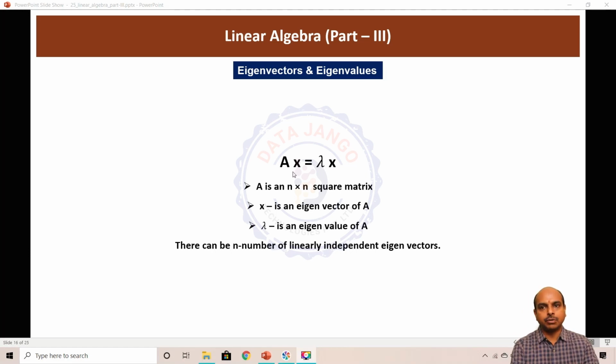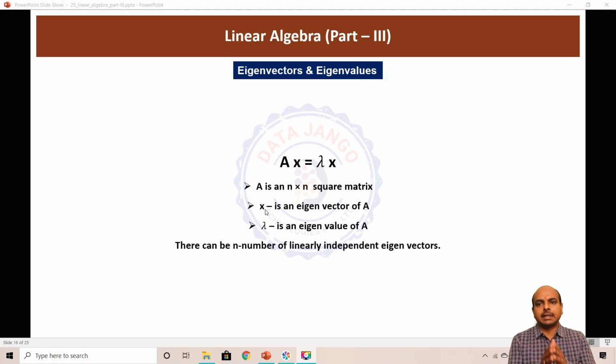When you multiply your matrix A with the eigenvector, and you multiply a constant with the eigenvector, you will get the same value. It means the left hand side and right hand side are going to be equal. So you can decompose a matrix into eigenvectors and eigenvalues. How? We will see it in a moment.